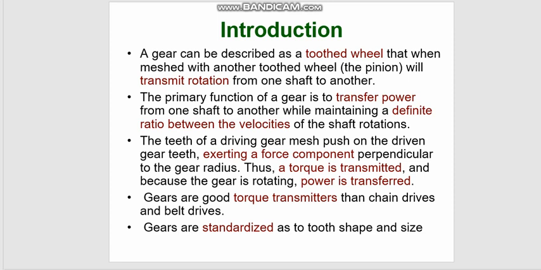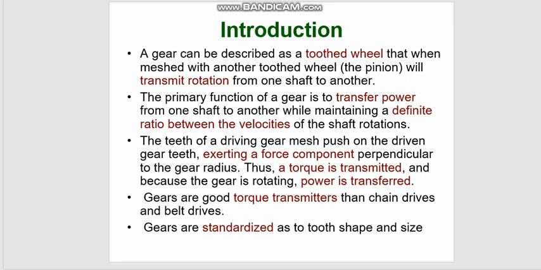Right? So if you remember when we talked about the belt system, the power is transferred by means of the belt itself. You have a pulley meshed to the belt, and then the belt will mesh with another pulley.